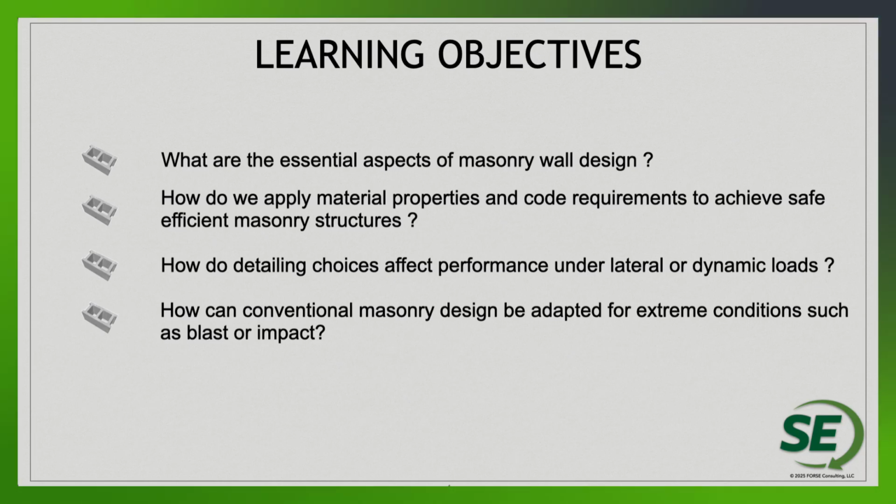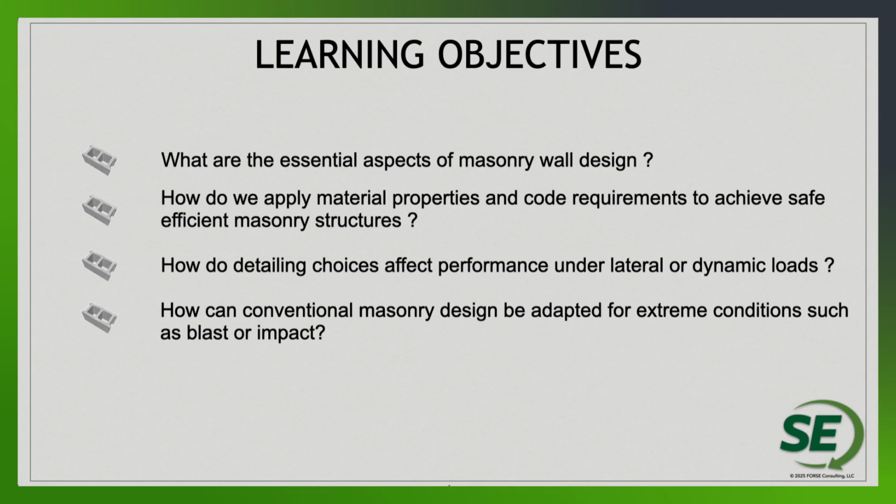But when we deal with extreme loading conditions like blast loading, understanding what some of these aspects are lets us go beyond the basic steps we use to be more efficient with masonry design, and extrapolate them to have more capacity when we need it.